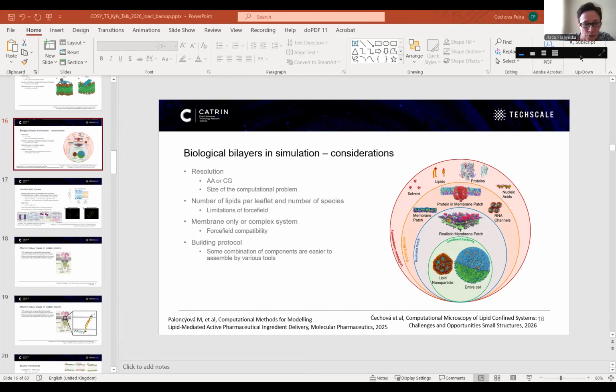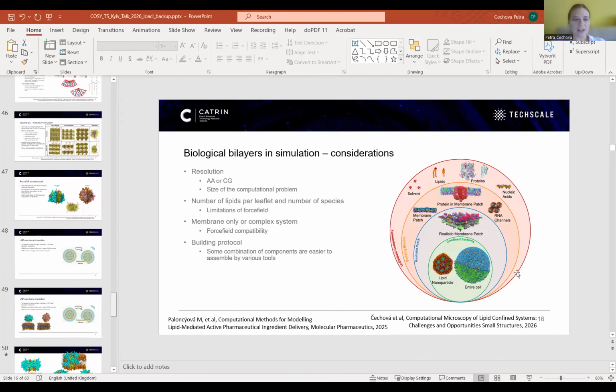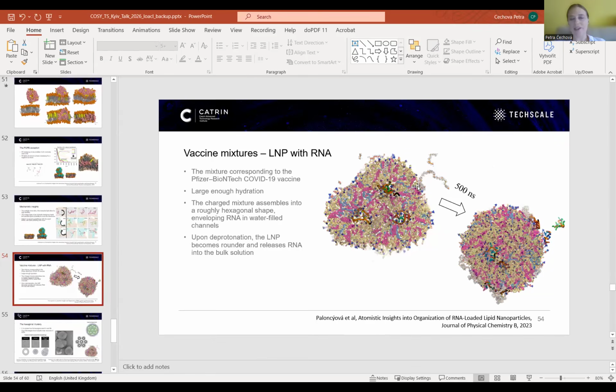Did you calculate or model, or are you modeling, the processes of controlled release of RNA or other biomolecules from such nanoparticles which you constructed by modeling? Thank you. So one thing we try to do is change the pH, like 0 to 1.